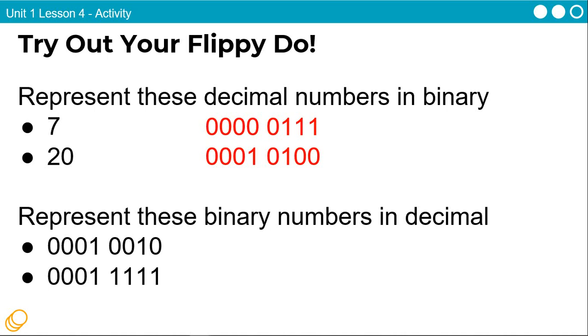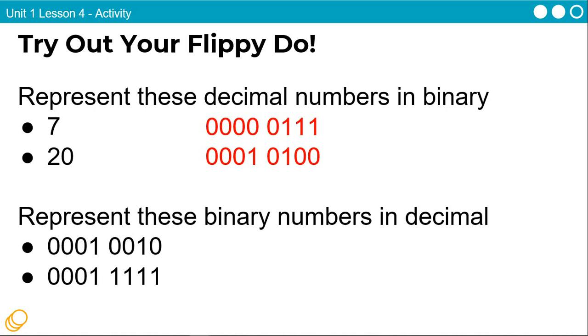So when we convert that to a binary number, showing the byte as a binary number representing the decimal number 7, 00000111 is the binary representation of 7.